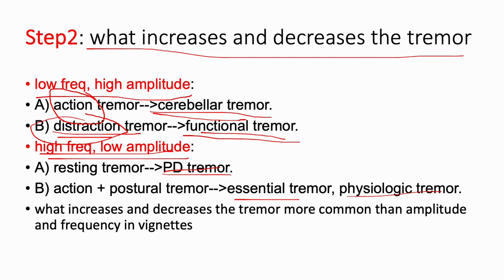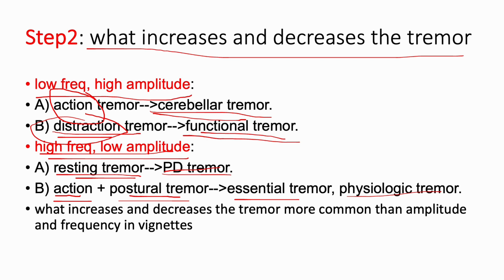So if the tremor increases at rest or starts when the patient is not moving, so the tremor is a resting tremor, which identifies as Parkinsonian tremor. Whereas if we have action tremor plus postural tremor, we can have two different etiologies like essential tremor or physiologic tremor. So I talked to you before about the action tremor.